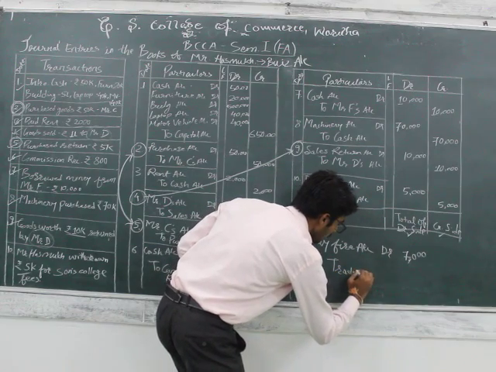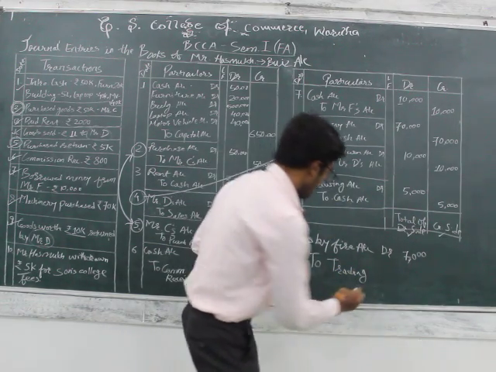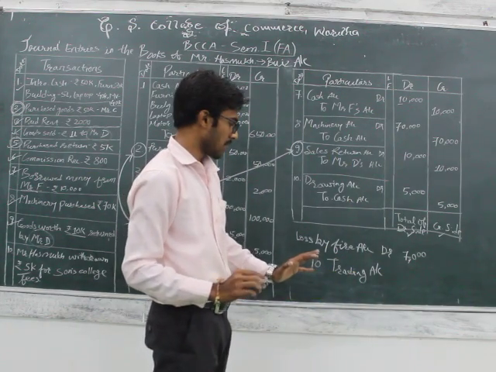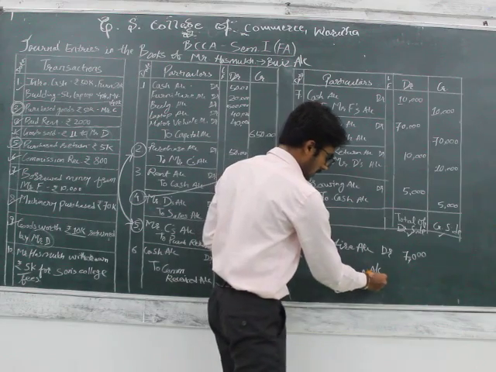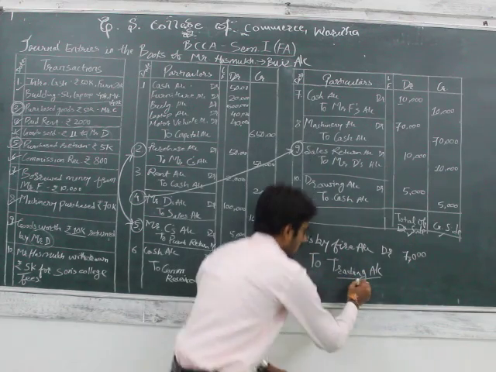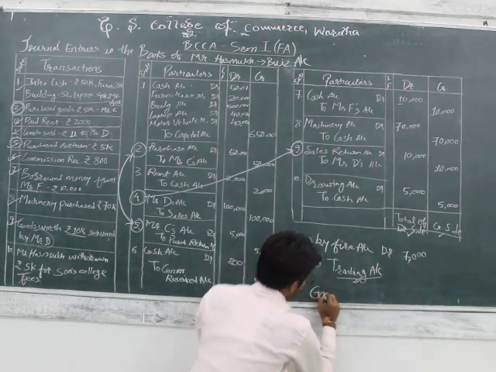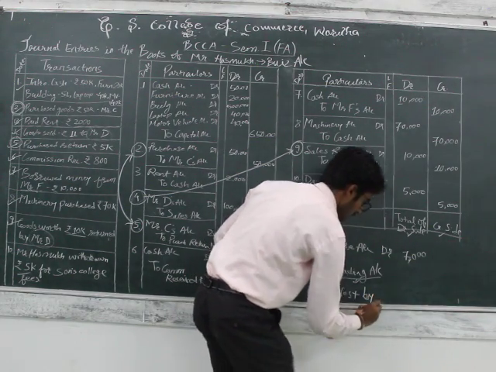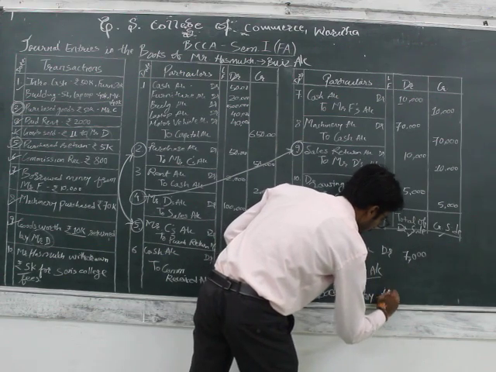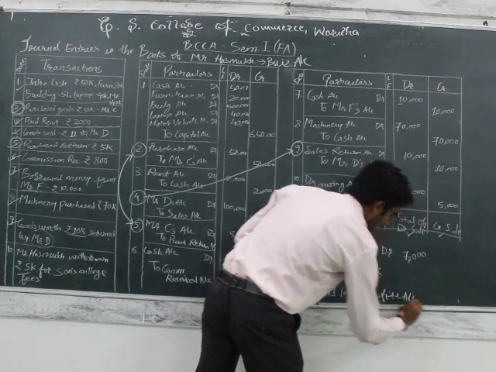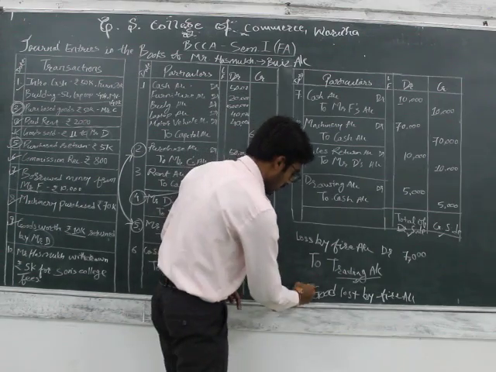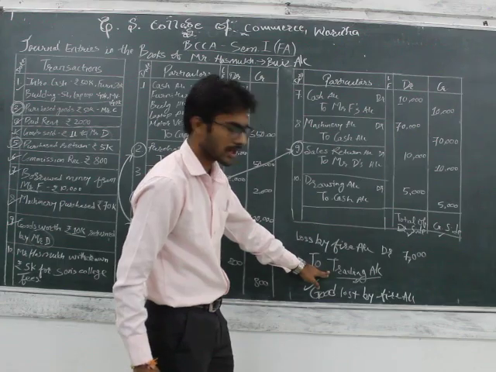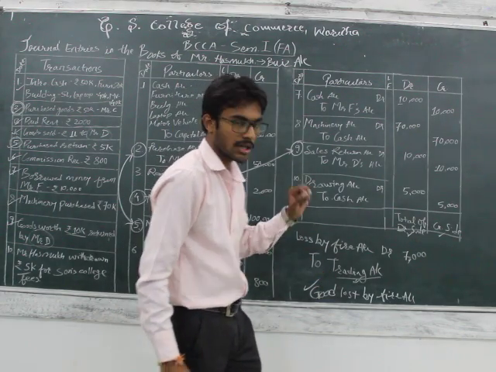You haven't studied trading account, hence you will not understand this entry. But to make sure of this entry, you can write here goods lost by fire, and ultimately this account will fall under trading account. That's why trading account will be credited.